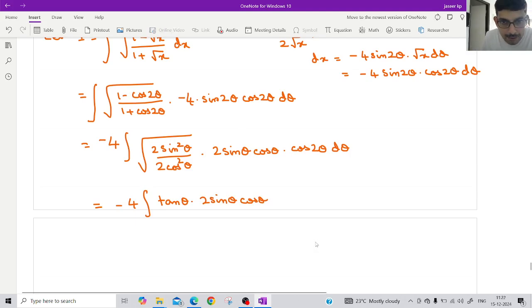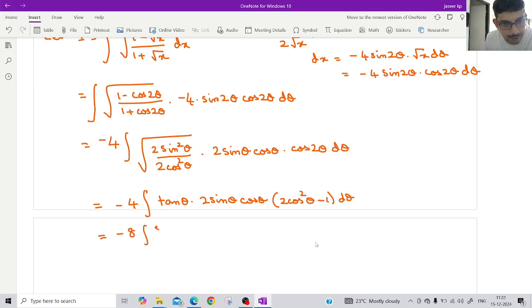Cos 2 theta can be taken as 2 cos square theta minus 1 d theta. So one more 2 can be taken outside, minus 8, tan theta can be written as sin theta by cos theta into sin theta cos theta into 2 cos square theta minus 1 d theta.